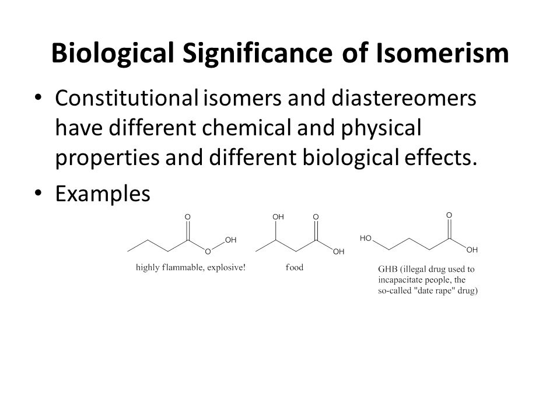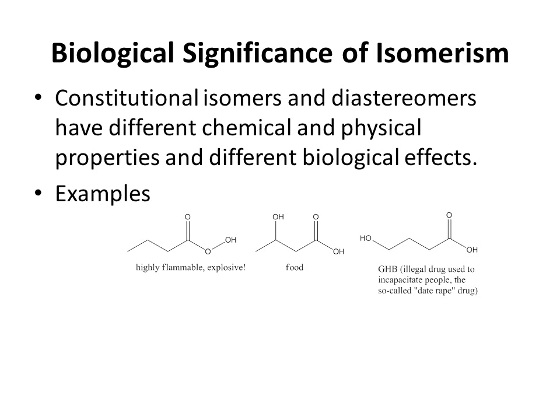Okay, we have GHB, an illegal drug used to incapacitate people, the so-called date rape drug. These three compounds are simply isomers of each other. In fact, they're constitutional isomers, and they're completely different in their biological effects and their chemical and physical properties.